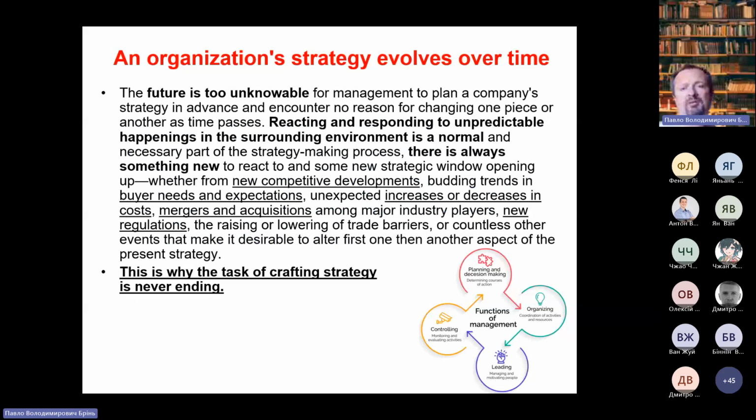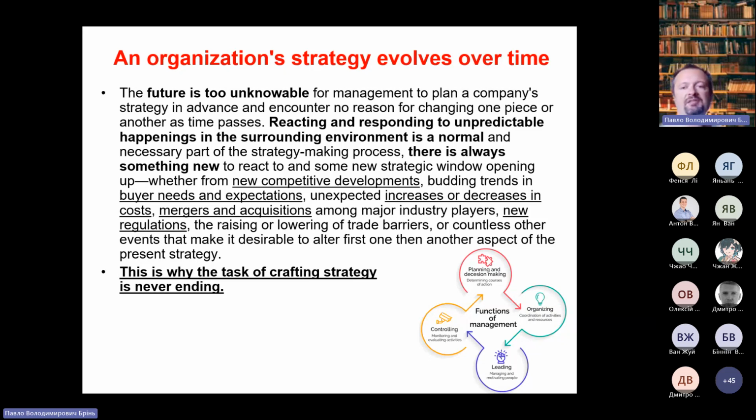In this picture you can see 4 main functions of management: planning, organizing, motivating or leading, and controlling. The result of the planning function is the set of objectives and the ways how to attain these objectives. Generally, the strategy, what we are talking about today, is the result, the product, I would say, of the planning function.